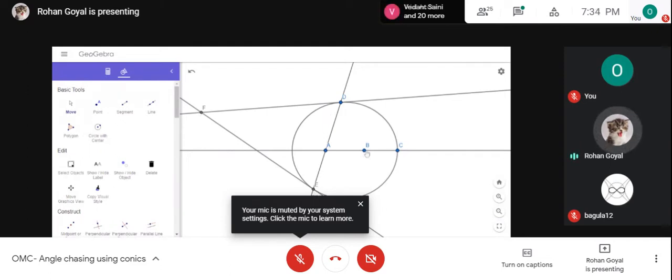Can you say anything special about the point B or anything in here? I think FD is equal to FE. FD is equal to FE. Yeah, it looks like. Okay, that's a good claim. What else?